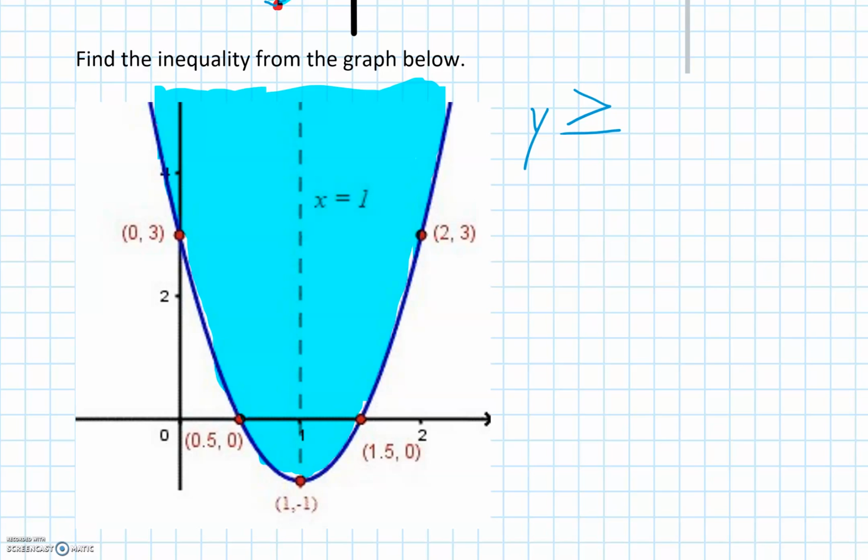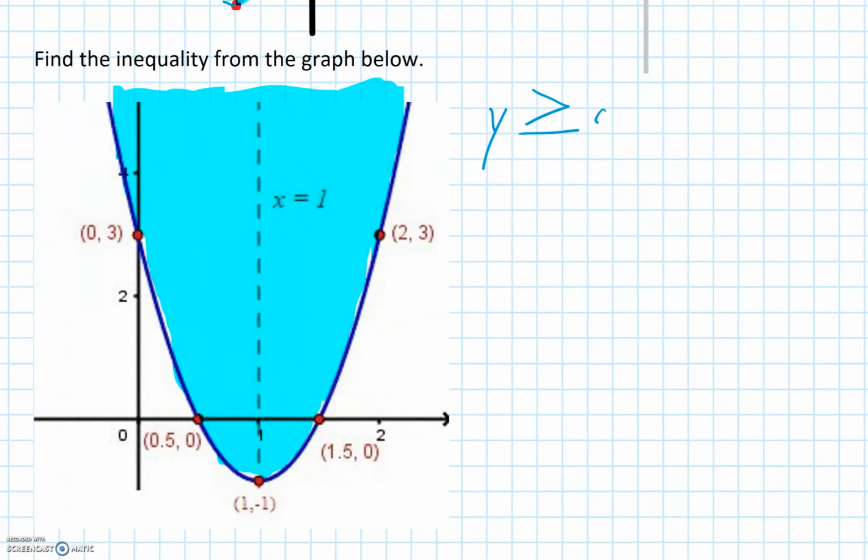We're going to use the whole idea of solving for the vertex form for the a. So x minus p, which is our point, which is 1, squared, minus q, or plus q, which is minus 1. We're going to solve for a by using one of the other points.